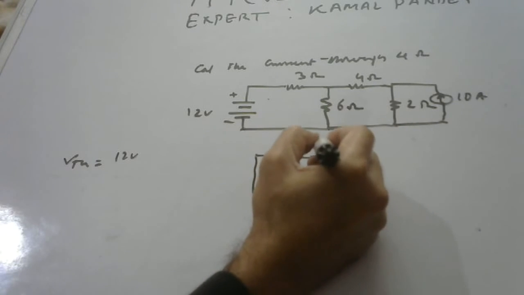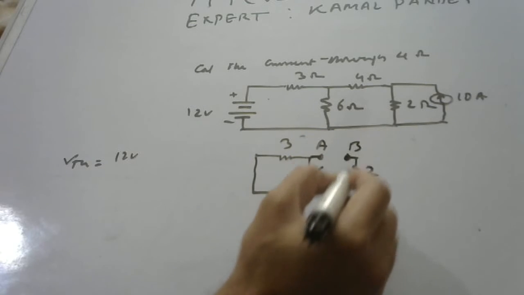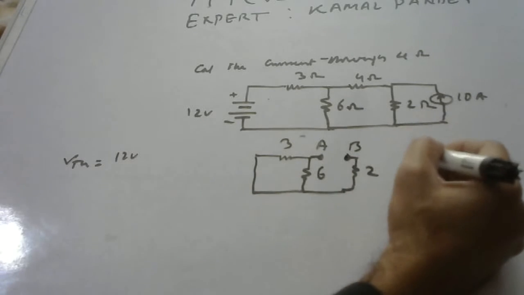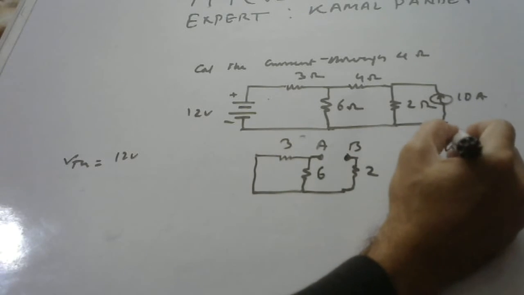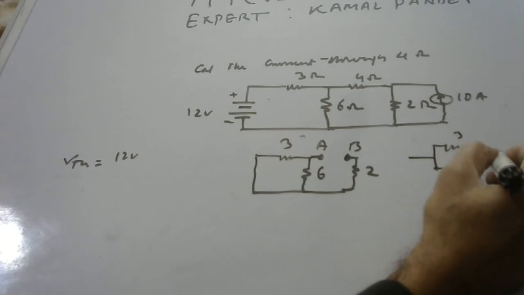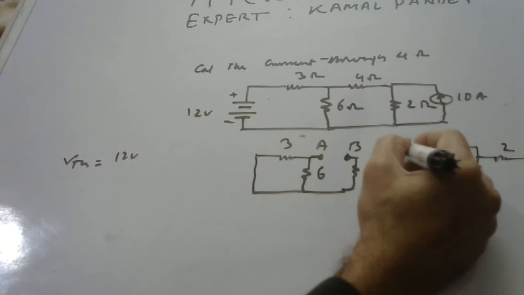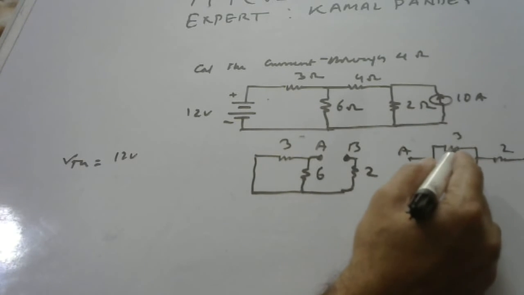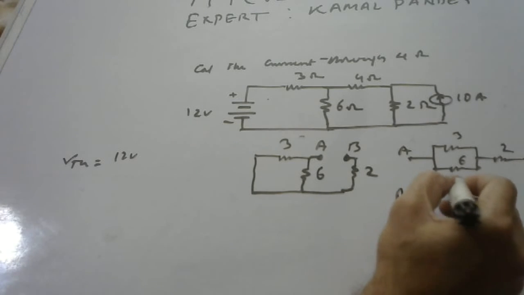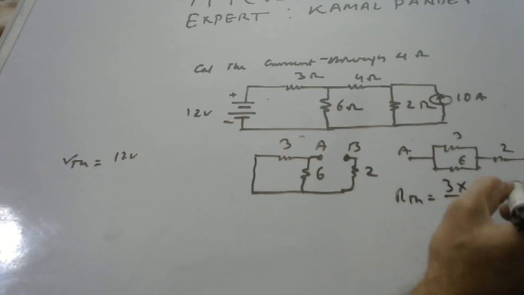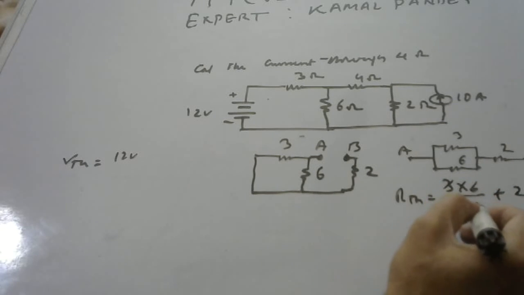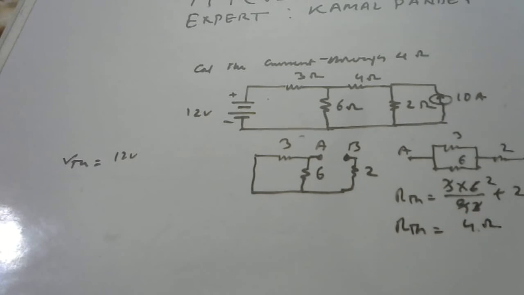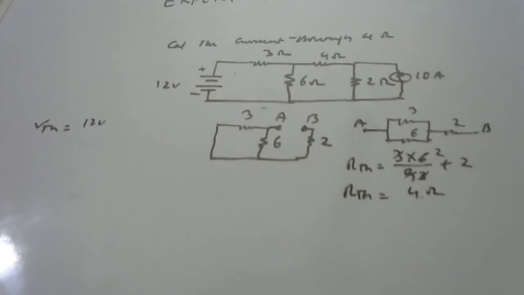This is 2 ohm, this is terminal A and this is terminal B. 3 ohm and 6 ohm are connected in parallel along with the 2 ohm resistor in series. Now we calculate the resistance. RTH is equal to 3 into 6 divided by 9 plus 2, that is 4 ohm. The value of RTH we got is 4 ohm.